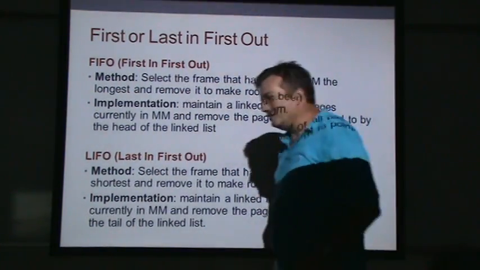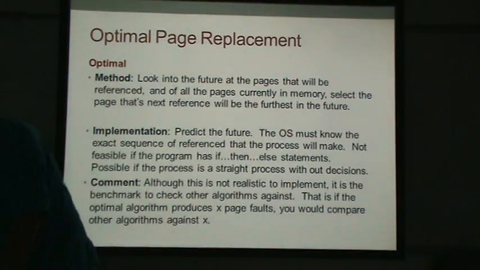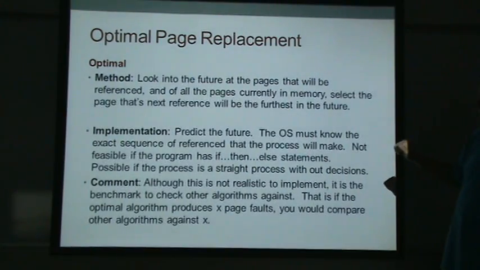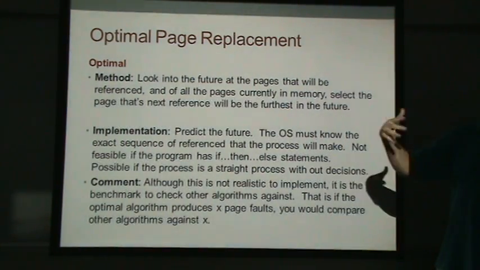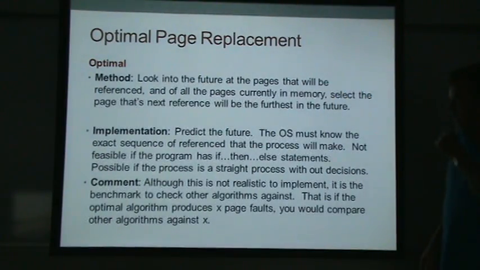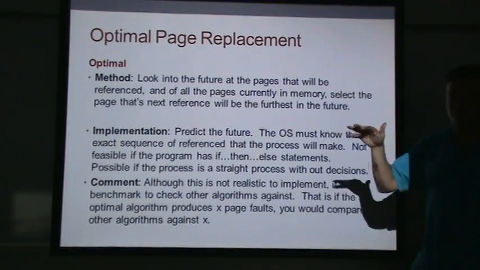Yeah, right. Actually, maybe I should have put that one next. The optimal method. The optimal method would be to look into the future at the pages that are going to be referenced, and the one that's needed furthest into the future, kick that one out. The implementation for this is you have to somehow predict the future.